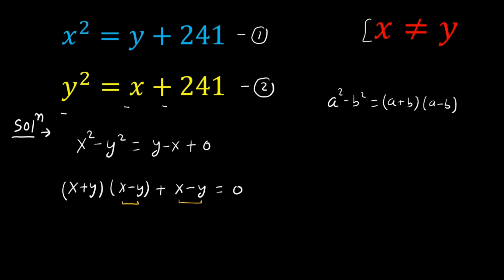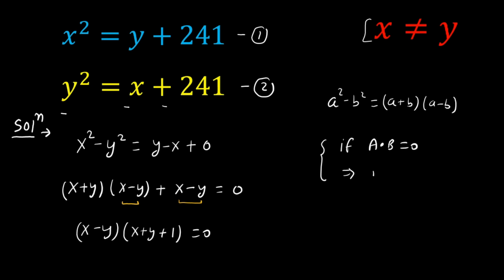Here x minus y is common. Taking x minus y common, we get (x minus y)(x plus y plus 1) = 0. We know that if a times b equals 0, then a equals 0, or b equals 0, or both are zero. So x minus y = 0, or x plus y plus 1 = 0.